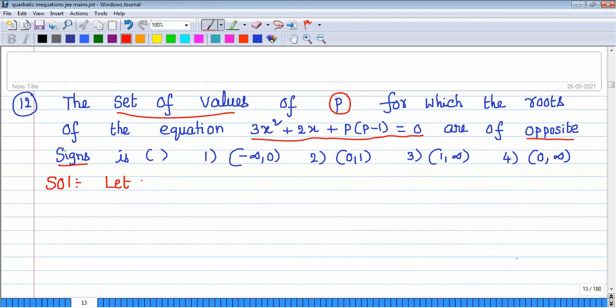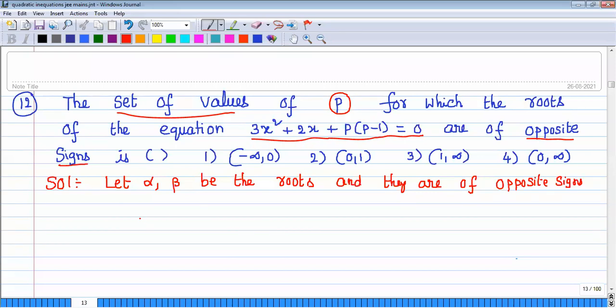Let alpha comma beta be the roots, and they are of opposite signs. Since they are of opposite signs, the product of the roots, alpha beta, must be less than 0: plus into minus is minus, minus into plus is minus.